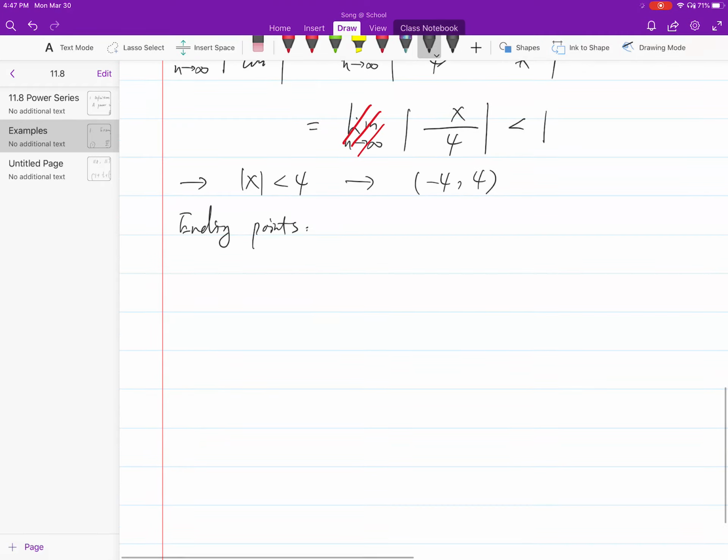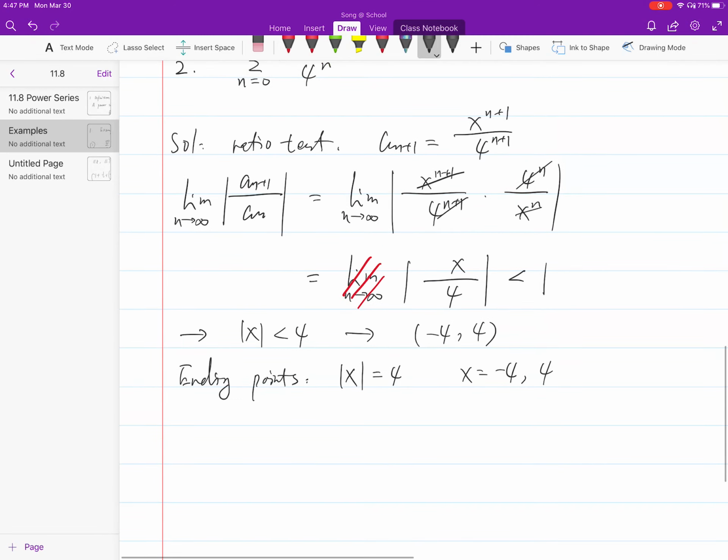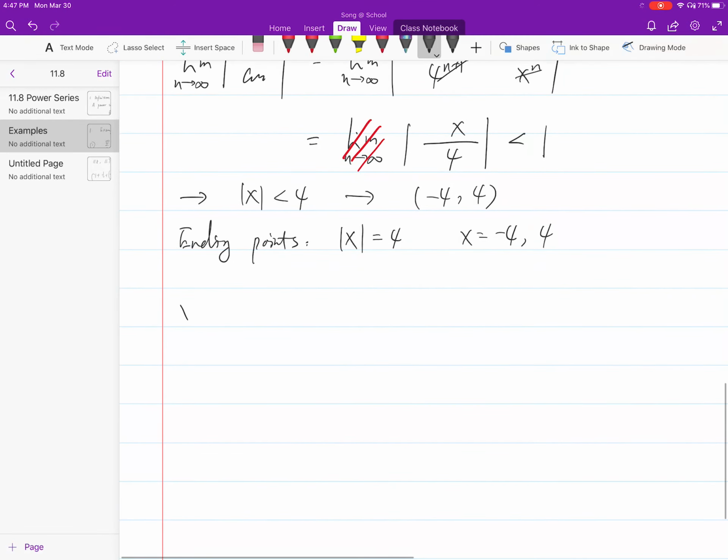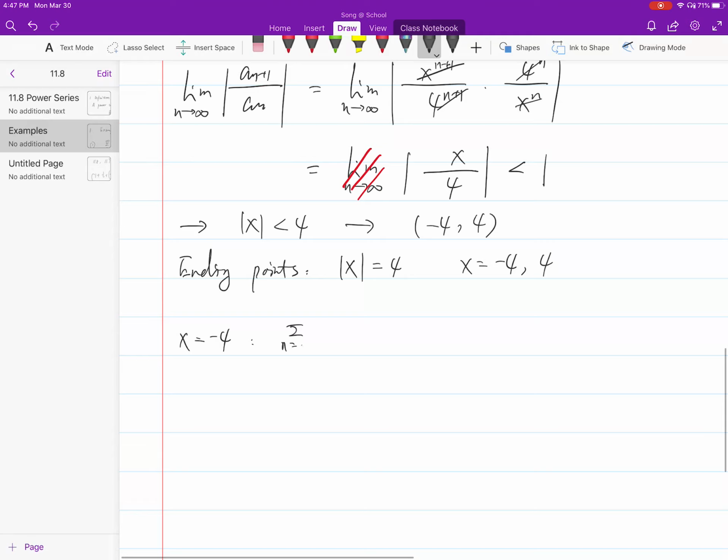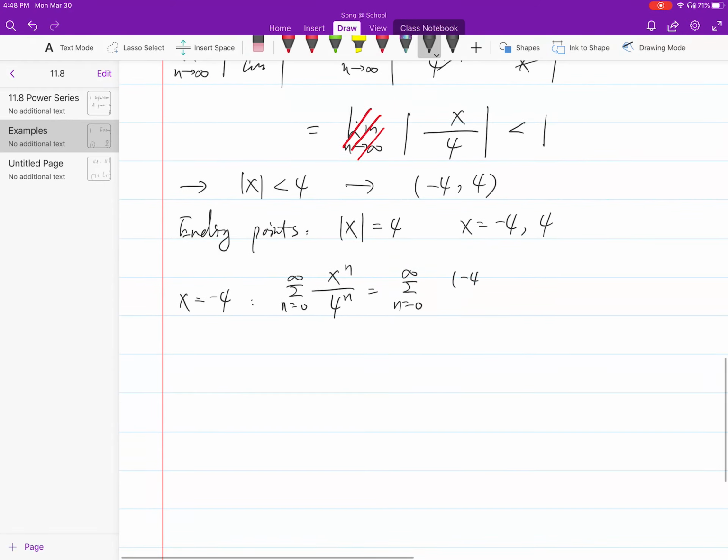The ending points will be when x equals -4 or x equals 4. Now, when x equals -4, the original series becomes the sum from n equals 0 to infinity of -4 to the n over 4 to the n. What do you have? You have -1 to the n.